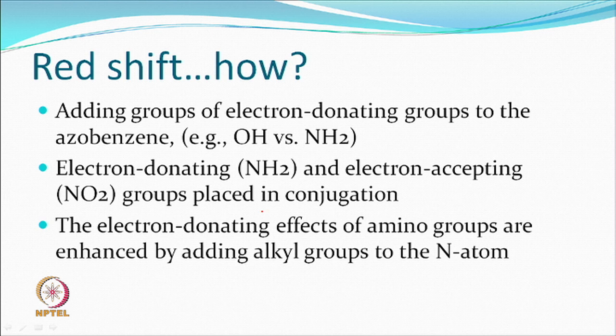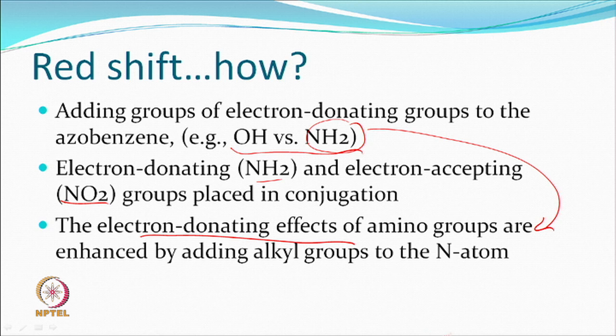So, OH versus this, we can see NH2 and NO2 placed in a manner that they help each other, and the electron donating effect of NH2, or any other amino group, can be increased by adding alkyl groups.